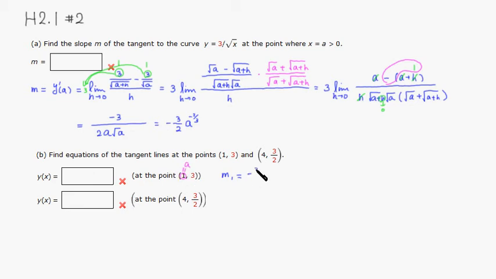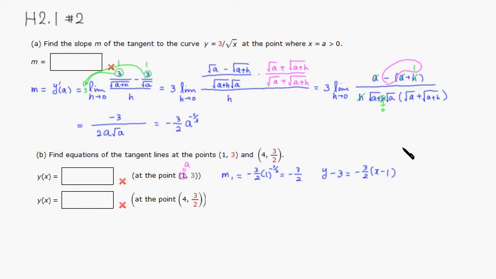So it's negative 3/2 times 1 to the negative 3/2, but 1 to any power is going to be 1, so it's negative 3/2. The equation is going to be y minus y1, which is 3, equals negative 3/2 times quantity x minus 1.